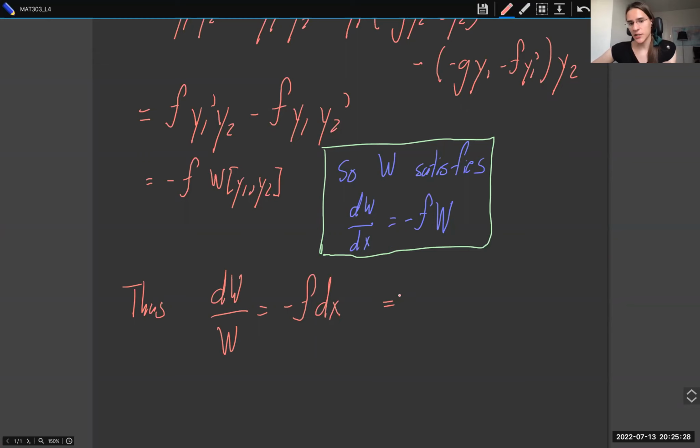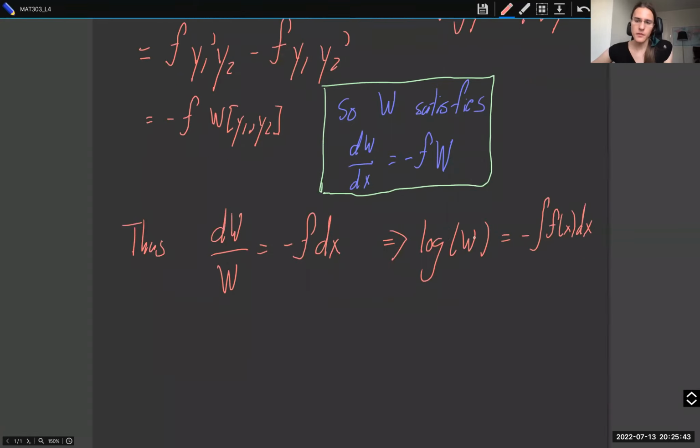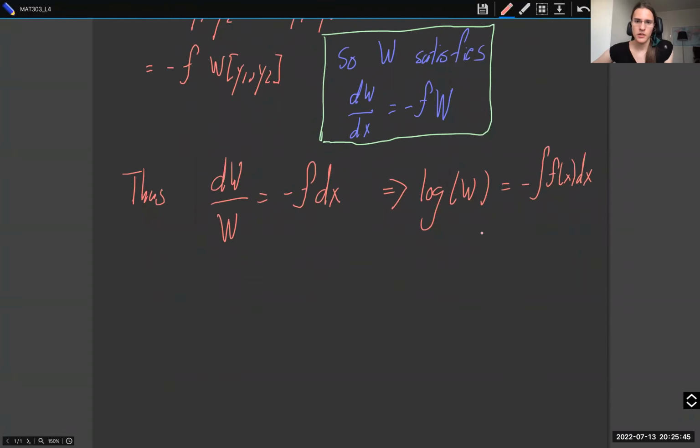And so as a consequence, log of W is equal to negative integral f of x dx, and so W is equal to C e to the negative integral f of x dx.